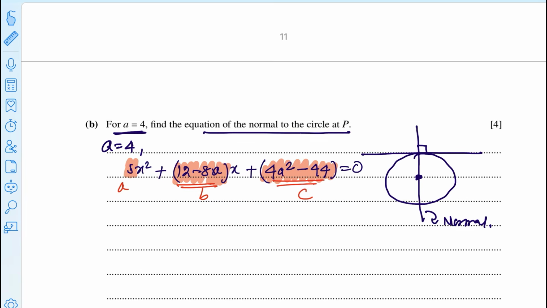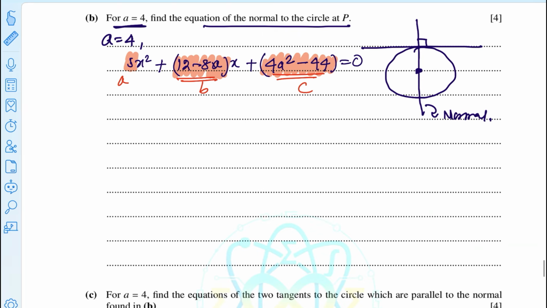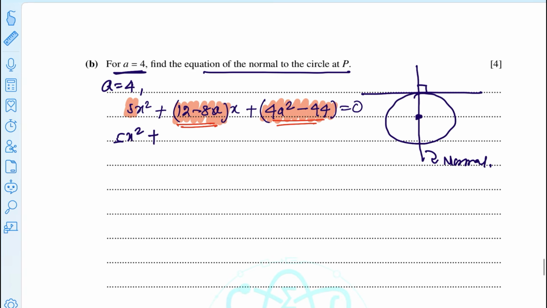So instead of a I can put the value. So here, one second, let me remove this. Yes, so here we have 5x squared plus, if I put this one, 12 minus 8 times 4, which is 32, right? So 12 minus 32 will be minus 20. One second.